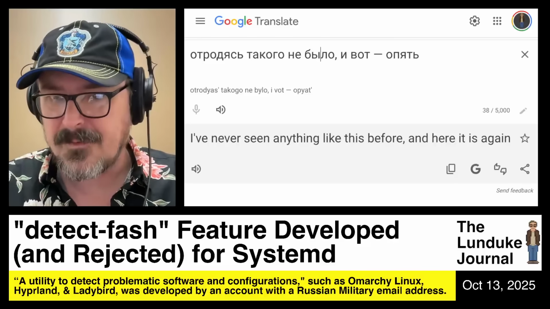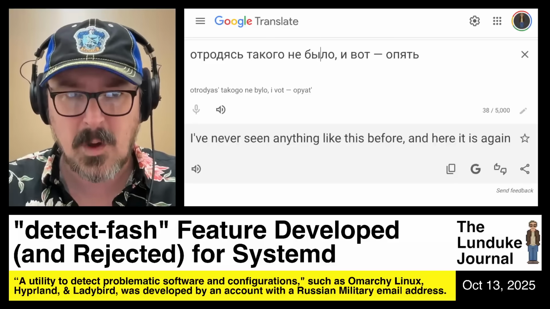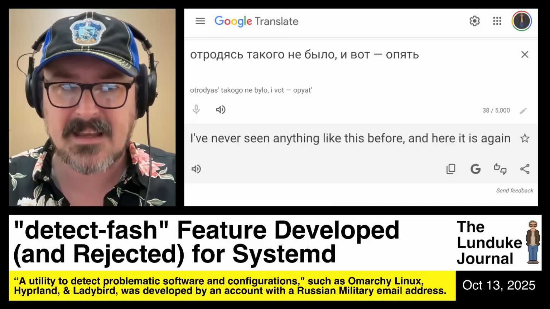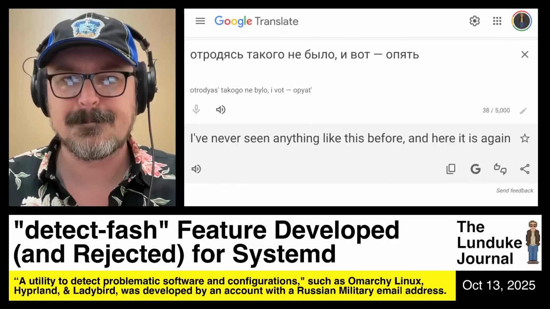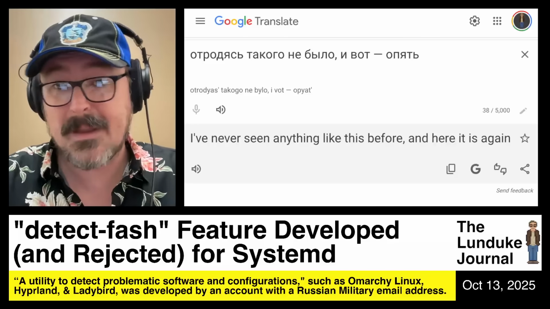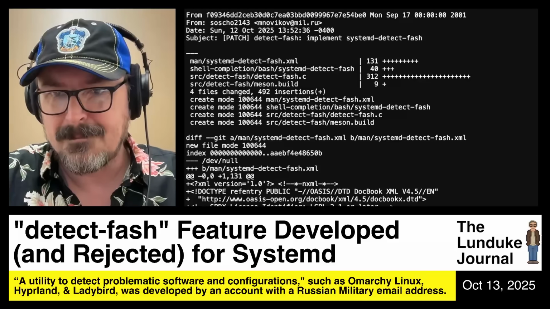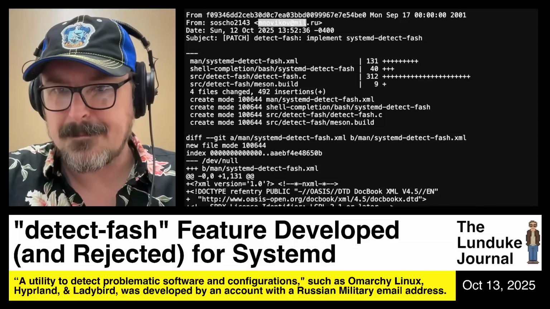And the GitHub profile Russian language translates to, quote, "I've never seen anything like this before, and here it is again." I don't know. Is that a reference to something I'm missing? Maybe, possibly. But if you dig a little bit further, something else weird pops up.